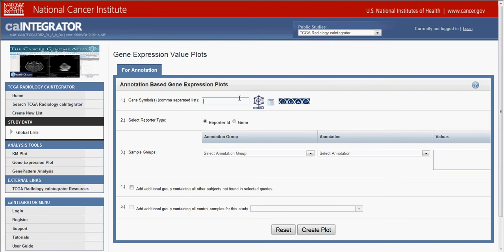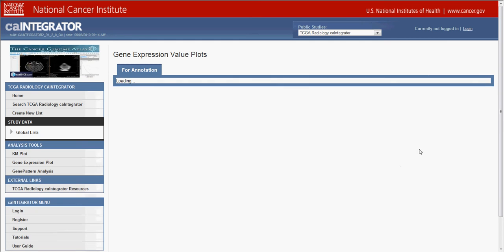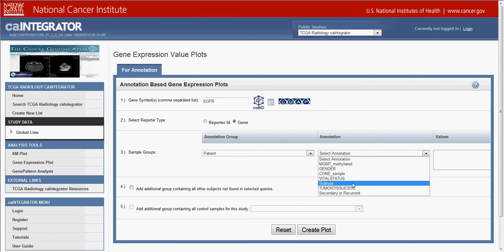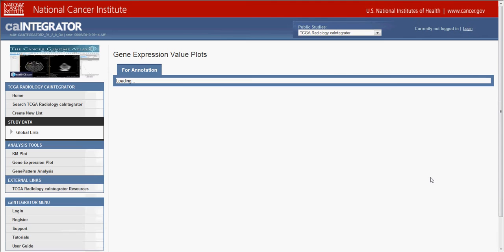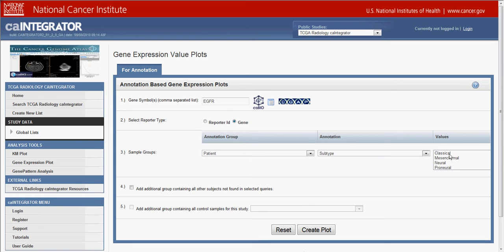I would like to look at the expression of the oncogene epidermal growth factor receptor, and I want to look at it in patients with different subtypes of tumor. Now we see the 4 different subtypes of glioblastoma listed in the value column.